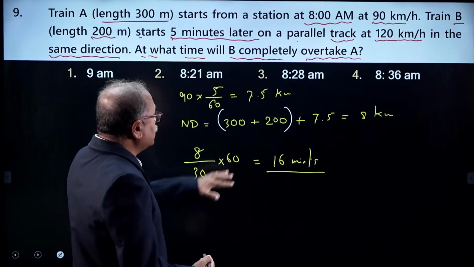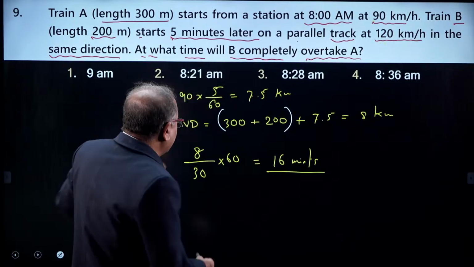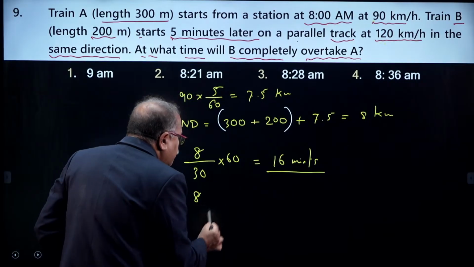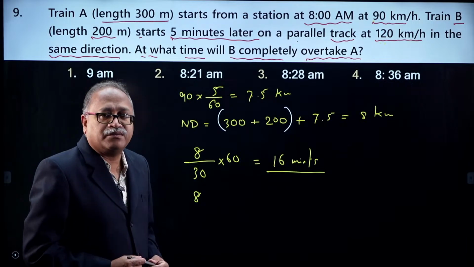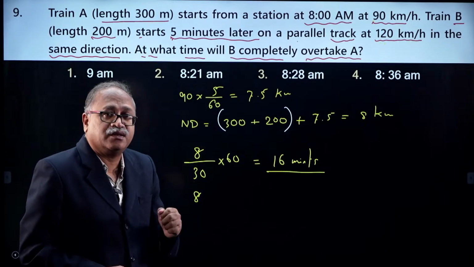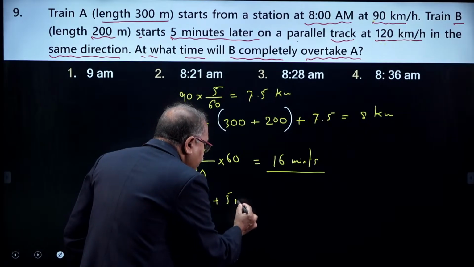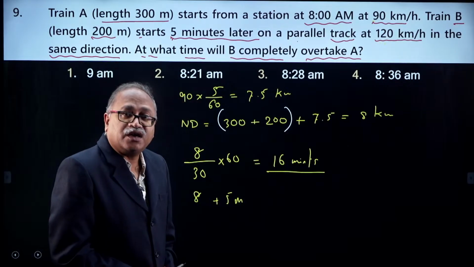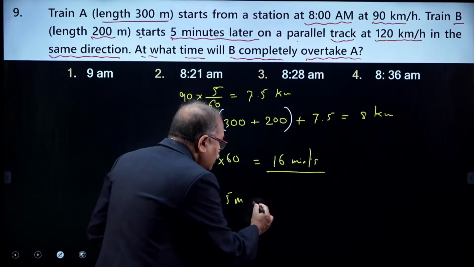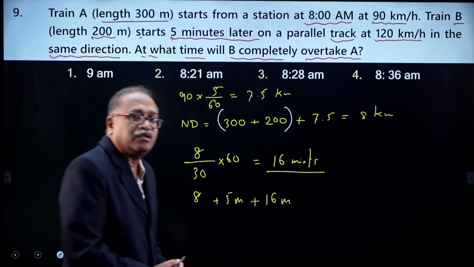So 16 minutes. So what is the total time? It started at 8 a.m. You don't need to write down all these. 8 a.m., and after that the second train, which overtook the previous train, started after 5 minutes, and the time taken to overtake is another 15 minutes.